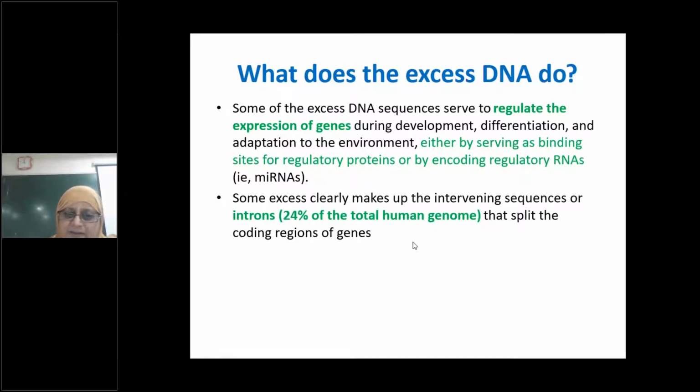Then some of the excess also makes up the intervening sequences. About 24% of the total human genome is formed by the introns that split up the coding regions of the gene.